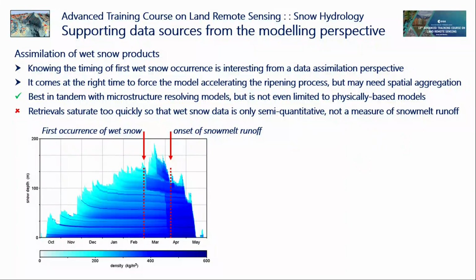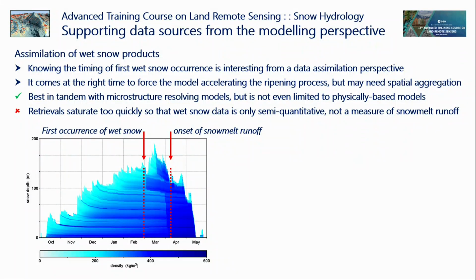Okay, now let's go to wet snow products. The situation is different because knowing the timing of the transition between phase 1 and phase 2, that's pretty impressively interesting, because it tells you, okay, now your model should start to move on and get the snowpack wet and eventually turn the snowpack into a saturated isothermal snowpack.